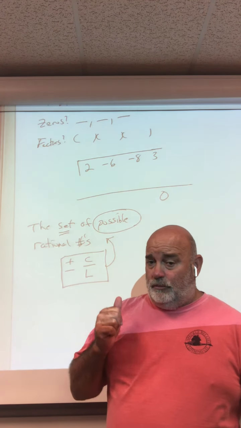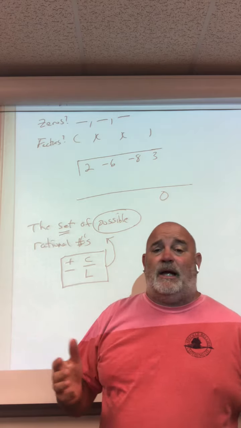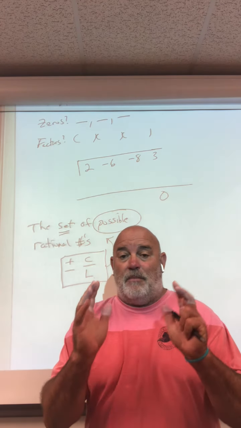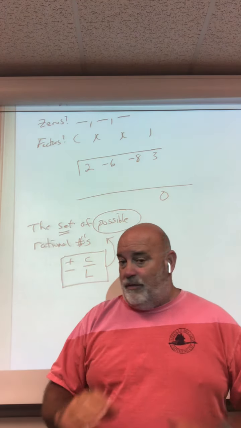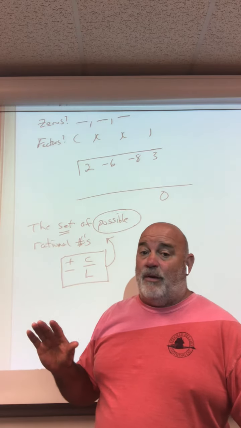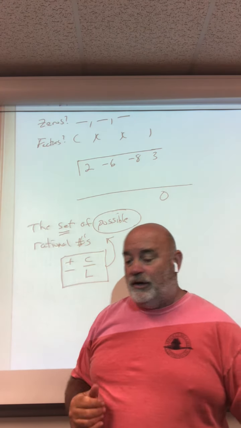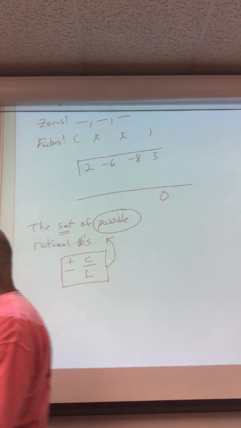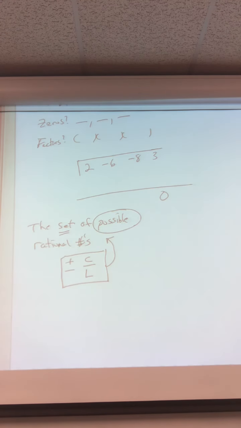Okay, so what I want to do first is make up a problem and show you how to make the suspect list. This is when you don't know any zeros at all. This is where you start. Okay, write these instructions down.